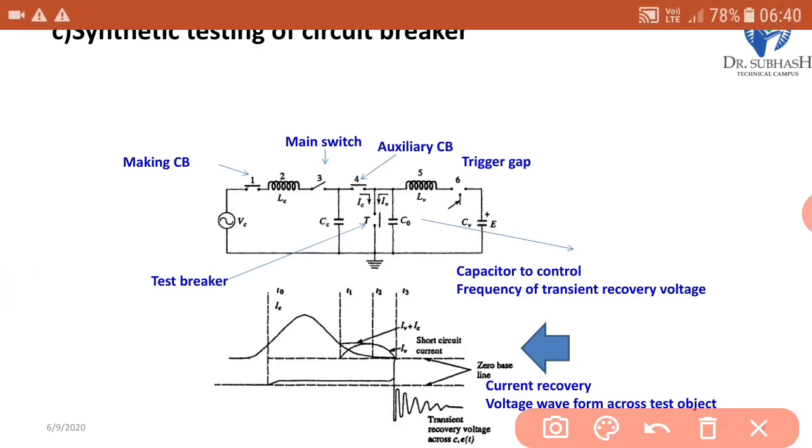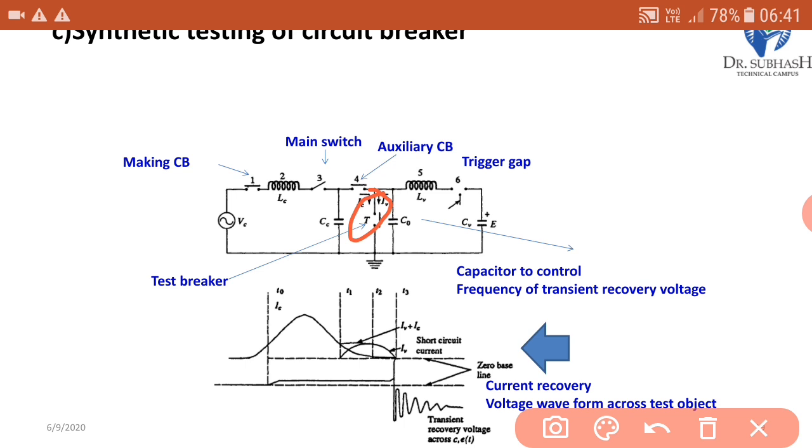Now this is the setup for synthetic testing of circuit breaker. So we can see different components in this arrangement. Here we can see test breaker.